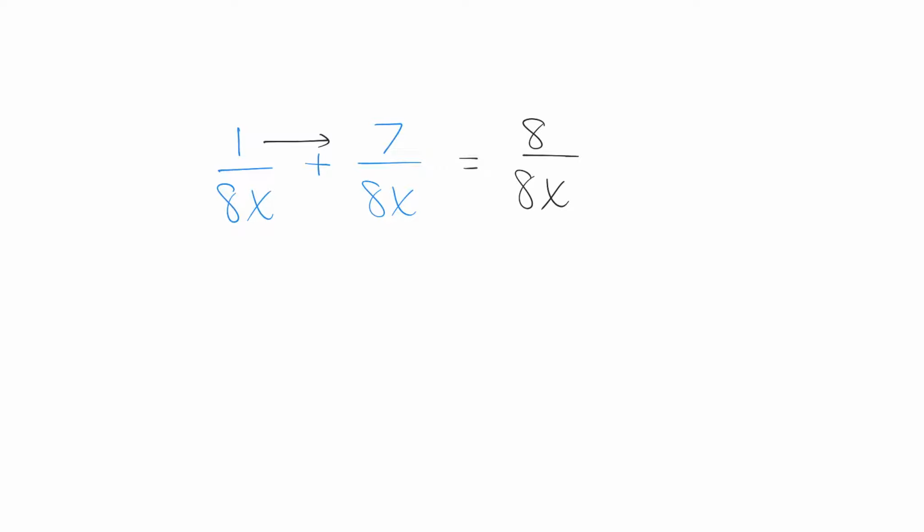Now this has an extra step because we can cancel or simplify that 8 right there. So when you do that, they both divide by 8. 8 divided by 8 is 1. So what you actually have is 1 over x. Don't lose that 1. It's tricky, but that x needs to stay in the bottom. Okay, does that make sense? All right, let's try another one.